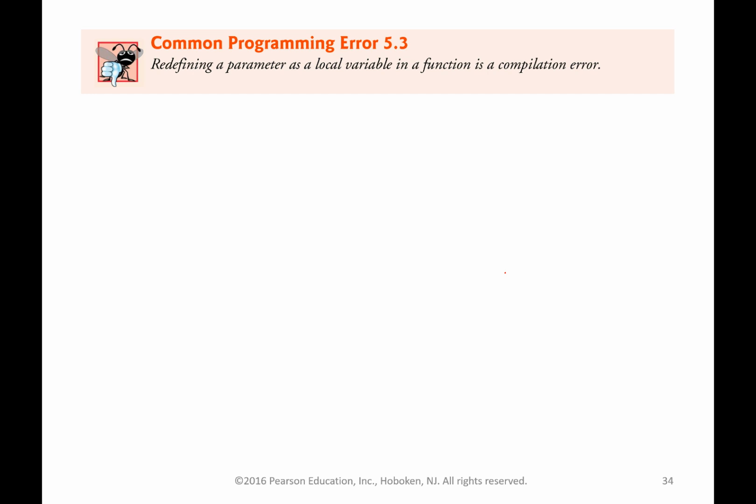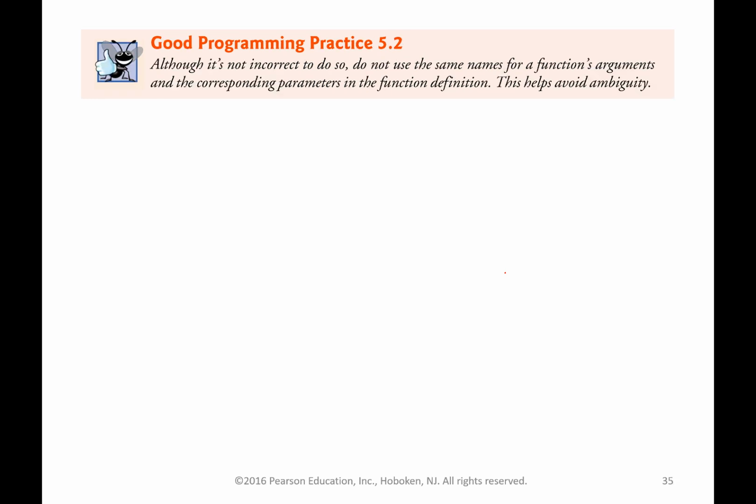Reproduce as a local variable in a function. So this is a little complicated, but it's one of those cases where, for function arguments, the corresponding parameters in the function definition, you have to be a little bit careful.